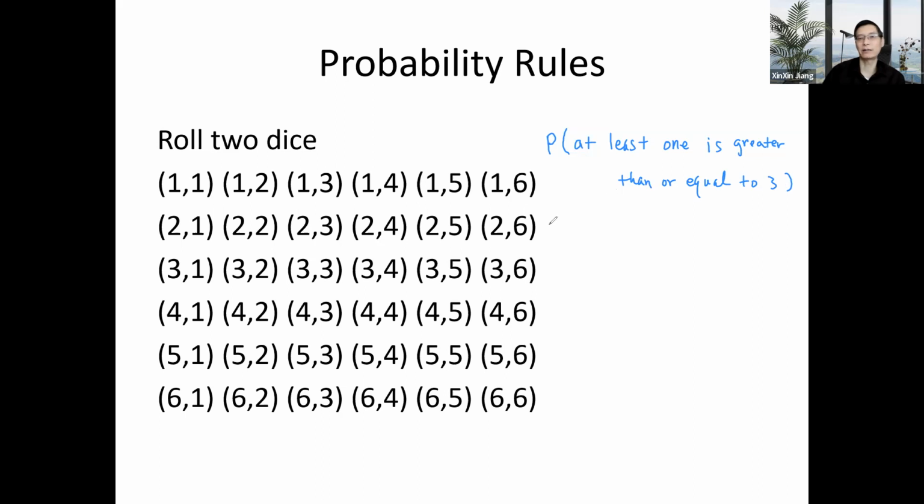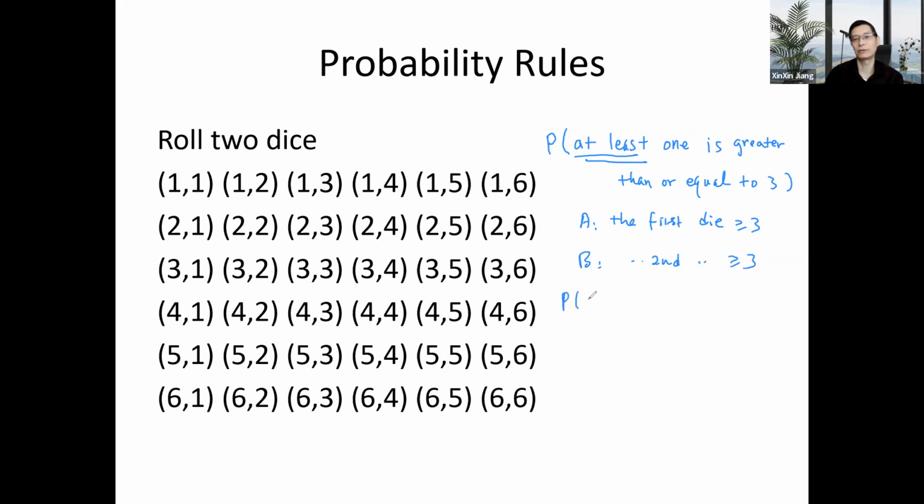One way of doing that: it's at least, right? It's a union. So let's call A the first die is greater than or equal to 3, and B the second die is greater than or equal to 3.